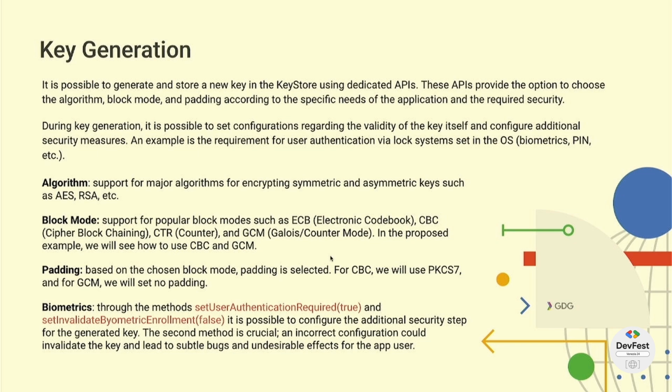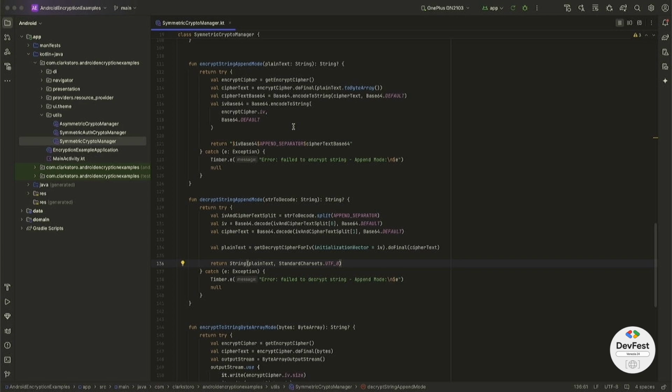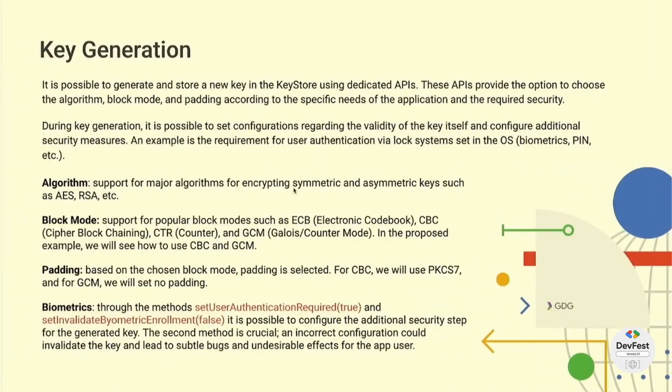And also, now we come to the third tab, which is authentication. For the authentication, we are just using two flags on the generation of the key to explain during the generation that we want the user authenticated before using the key. And now we are doing that by using these two flags.